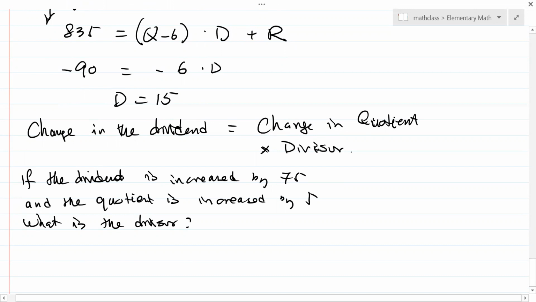So all you have to do is just write down 75 equals 5 times the divisor. Yeah. Well, let's stop here.